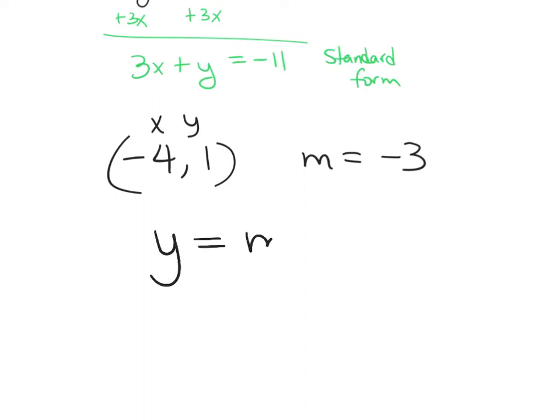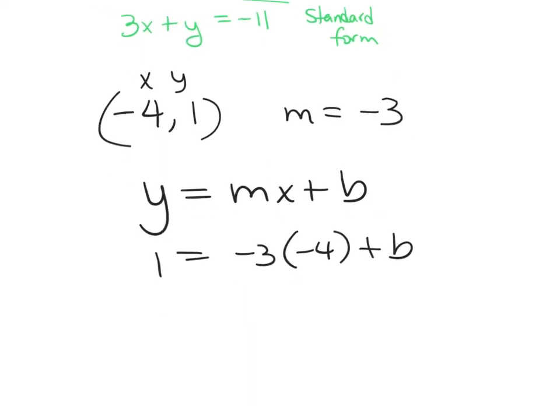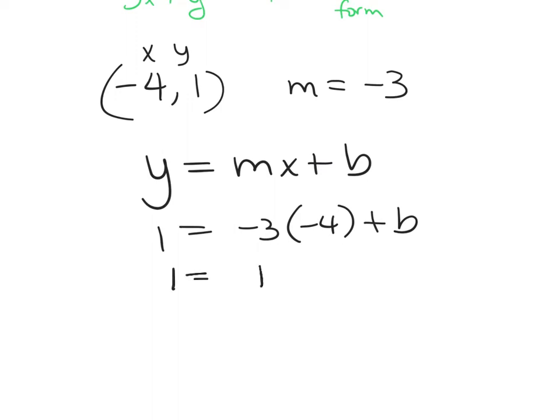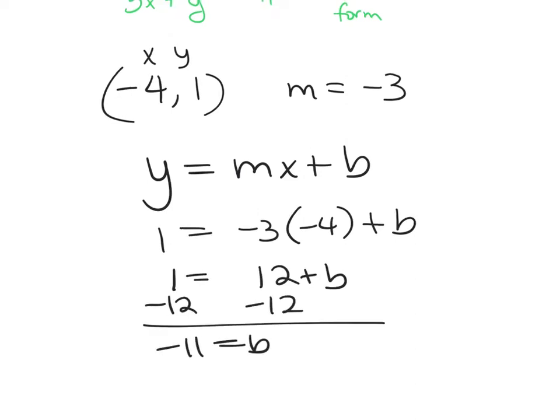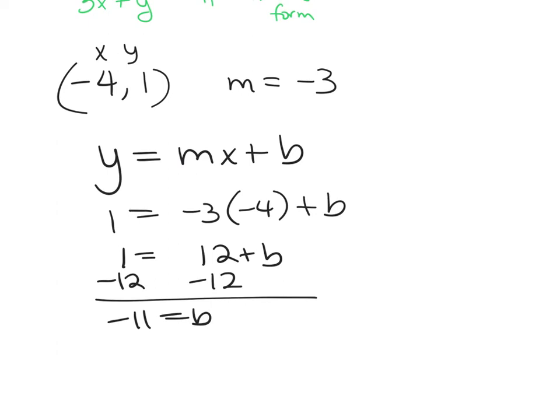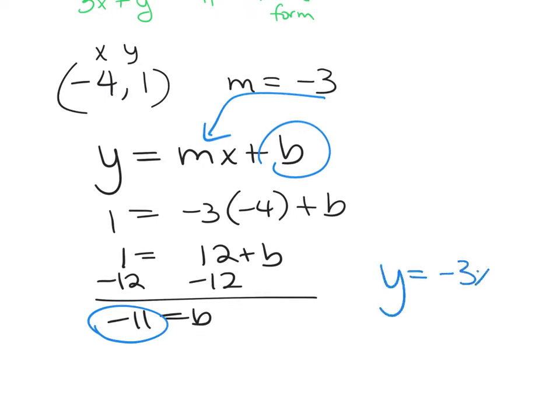So you could have plugged in 1 for the y, -3 for the m, -4 for the x, and solve for the b: 1 equals 12 plus b, move the 12, my b is -11. Now I put this back for m and this back for b. So notice I still got the same answer as I did when I used point-slope.